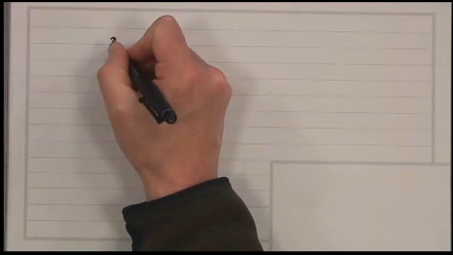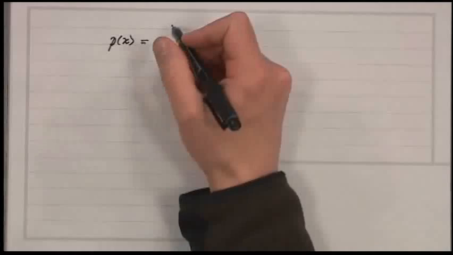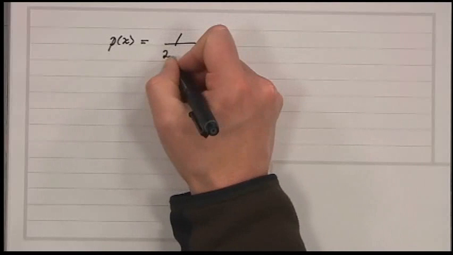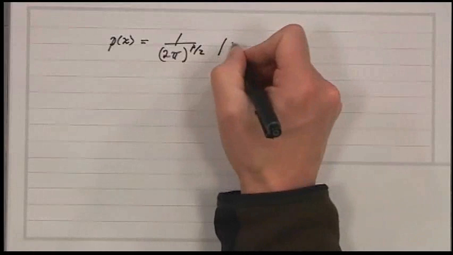So the multivariate Gaussian distribution is like this. This is the density function for a multivariate Gaussian: 1 over (2 pi) to the p over 2, where p is the dimension.